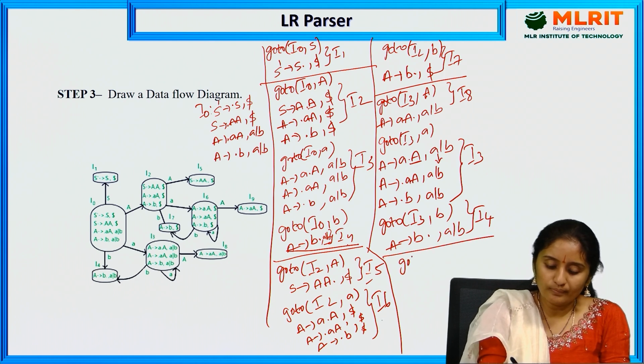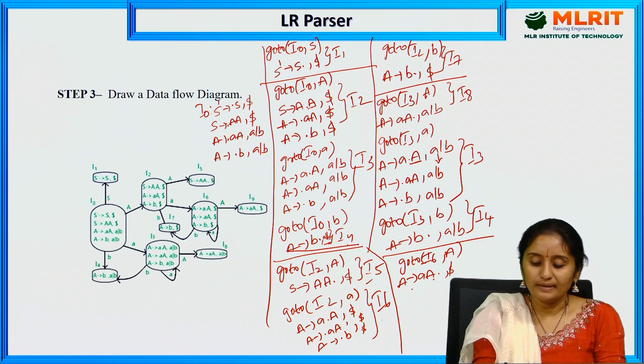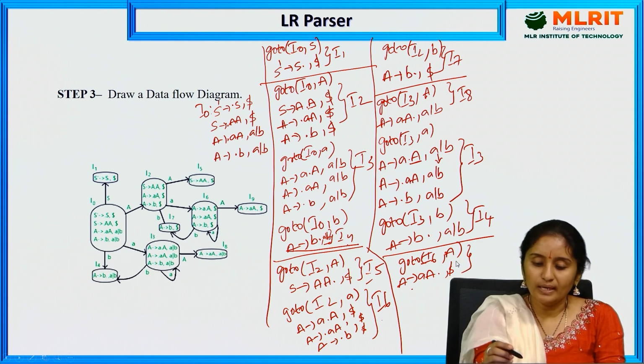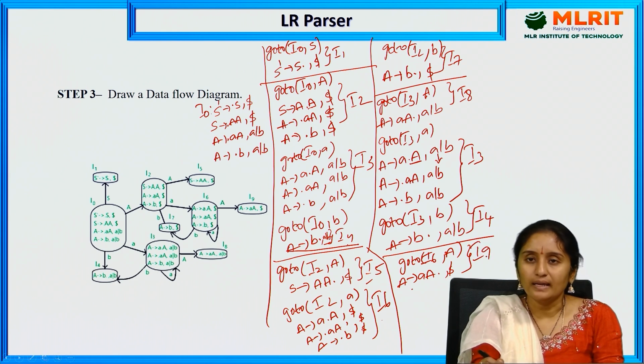Go to I6 comma capital A. A tends to A dot comma dollar. It is completed. After the dot, there is no terminal or non-terminal. So it is completed. We have done I7, I8 and we are having I9.